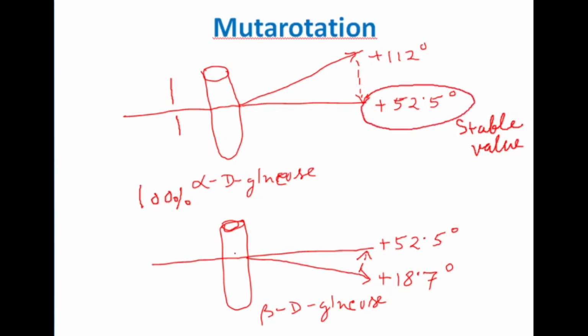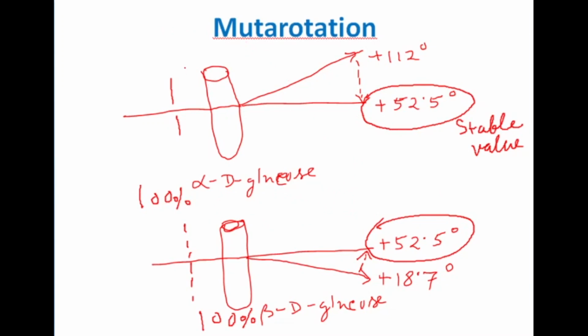Then again, if we take a 100% pure saturated solution of beta D glucose, and again allow plane polarized light to pass through this tube, initially it will be deviated to 18.7 degrees, and later on again it will reach the same stable value of plus 52.5 degrees. This change in specific rotation of plane polarized light is called mutarotation.